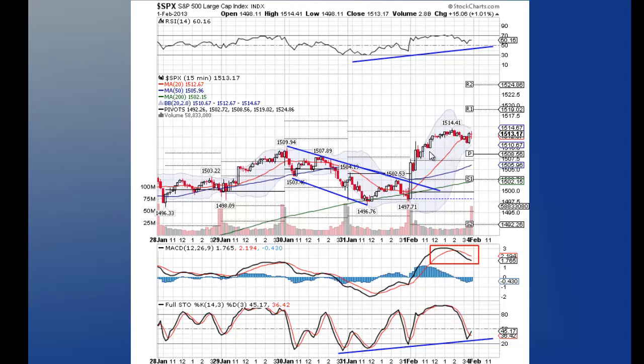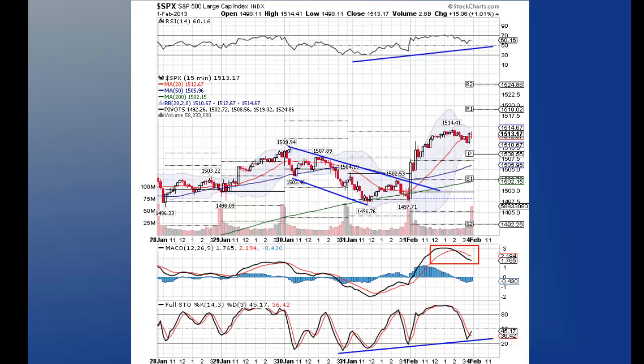So the levels that I'm expecting here are fairly similar to the ones that we talked about already. 1519 would be R1, 1524.86 would be R2 on the way up. Alternatively, on the way down, 1508.56.